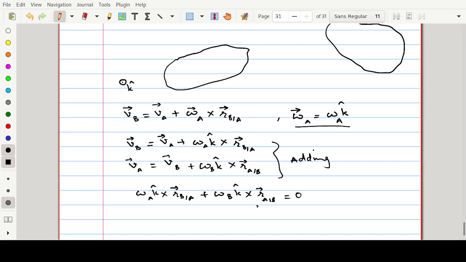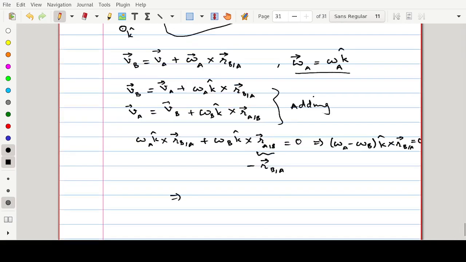Now this RAB is negative of RBA by definition. So this equation becomes omega A minus omega B k cross RBA is equal to 0. So this proves that omega A is equal to omega B.